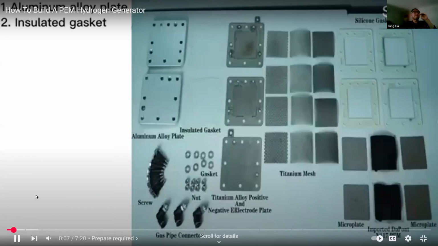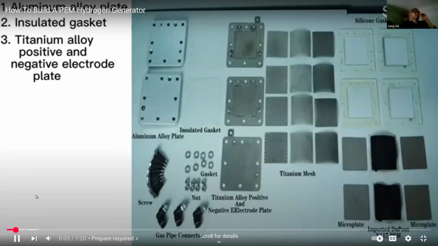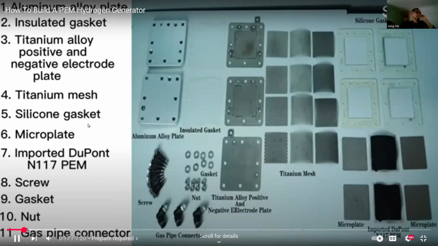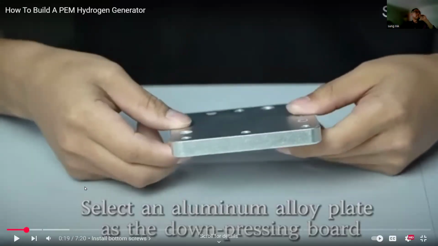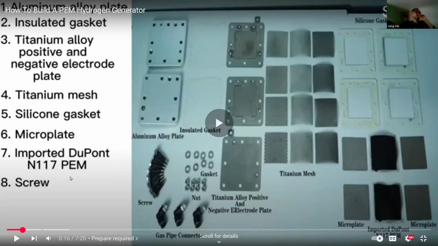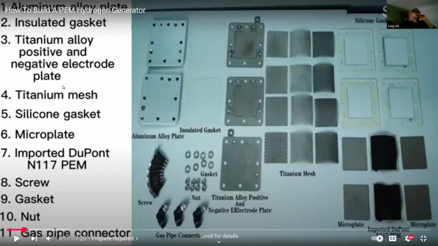Aluminum alloy plate, insulated gasket, titanium alloy positive and negative electrode plate, titanium mesh, silicone gasket, microplate, imported DuPont N117 membrane, gasket, nut, gas pipe connector. These are all the materials we need to build this PEM hydrogen generator.